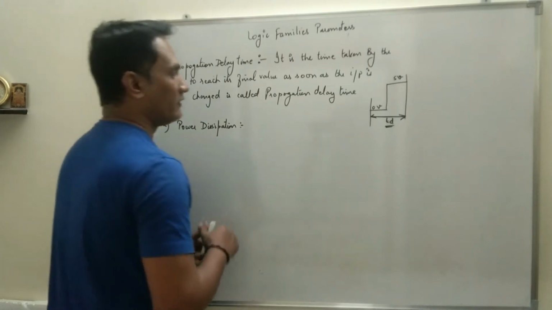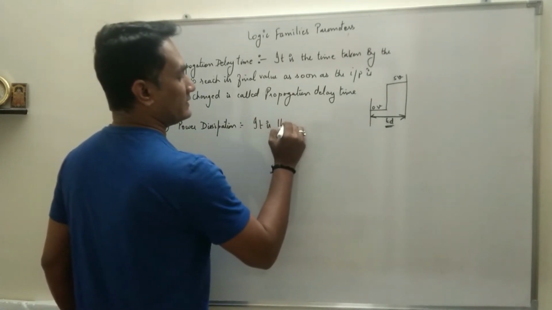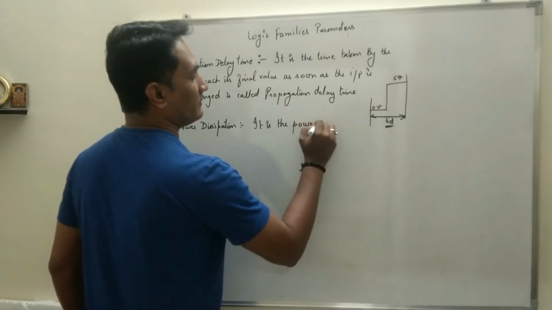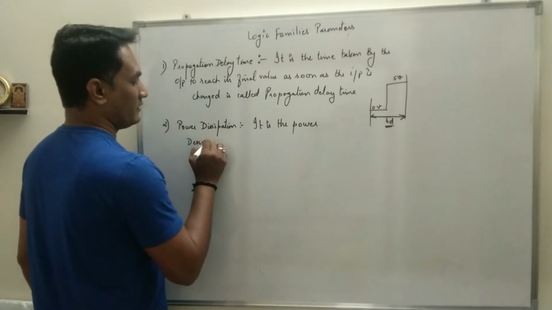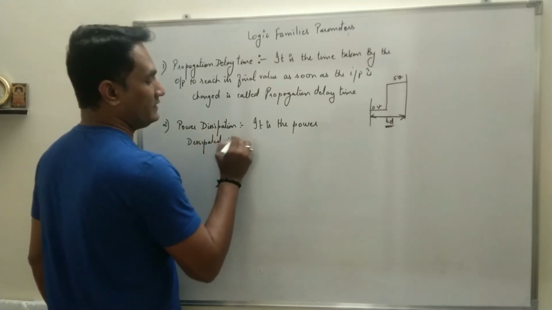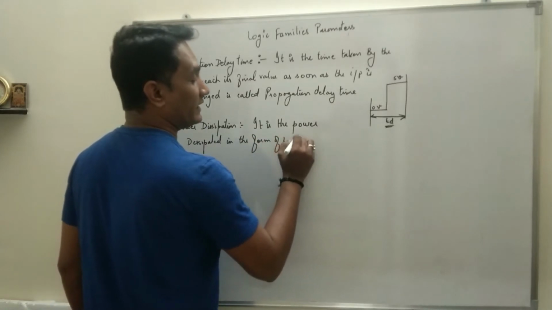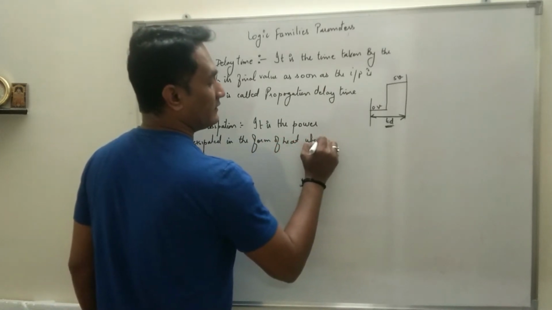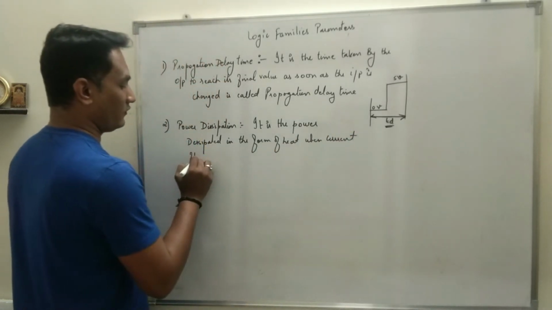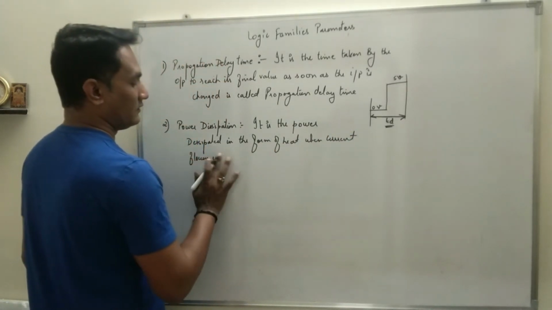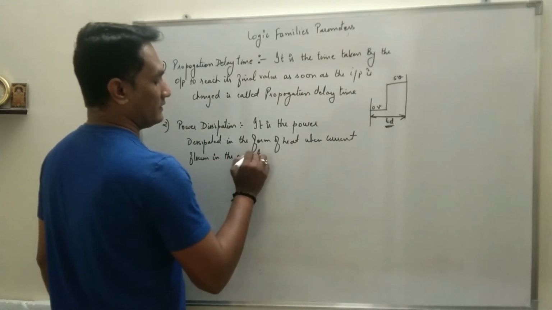Second is power dissipation. It is the power dissipated in the form of heat when current flows in the circuit.